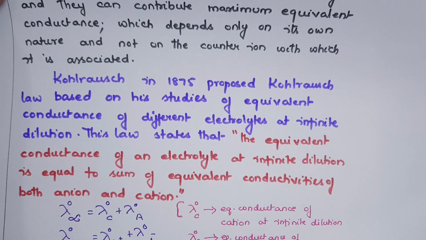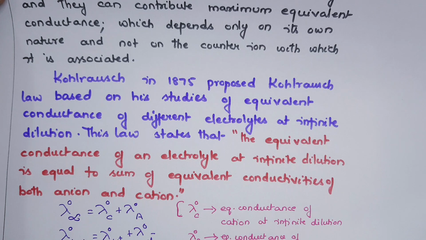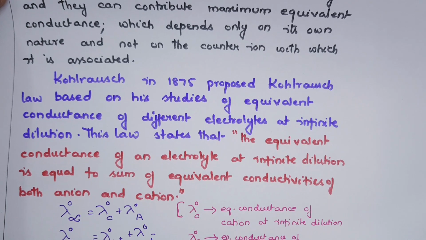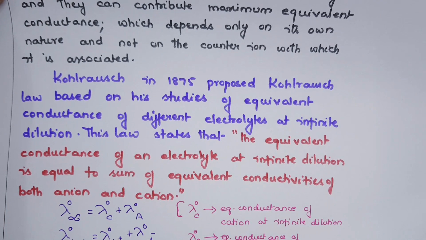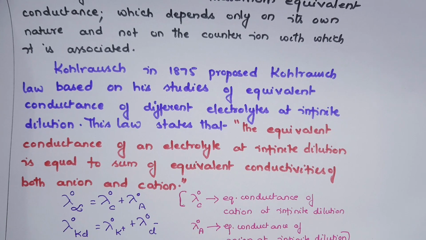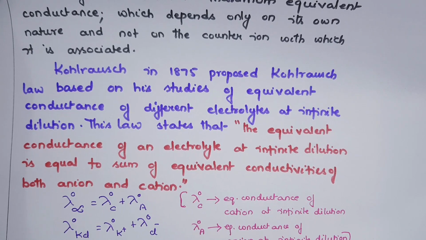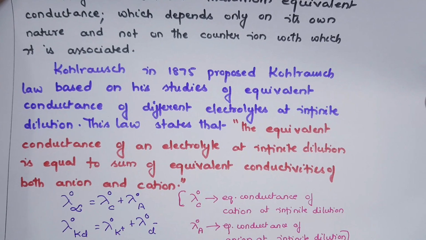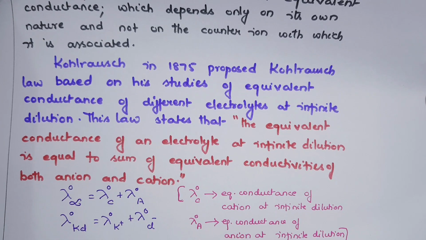So you all know, on dilution an electrolyte dissociates into positive and negative ions. So here the equivalent conductance of an electrolyte at infinite dilution will be equal to the sum of equivalent conductivities of both anion and cation. So how do we represent this, students?